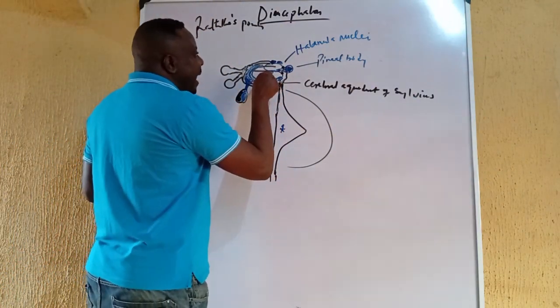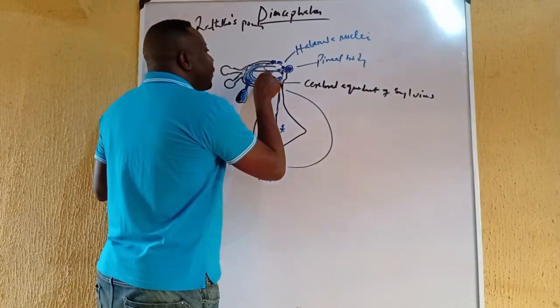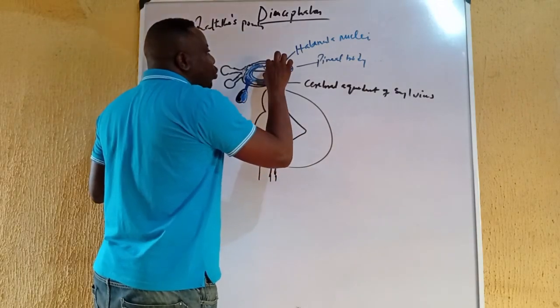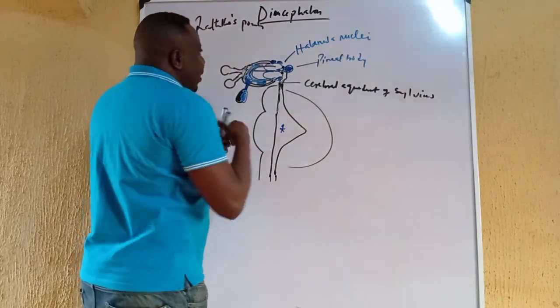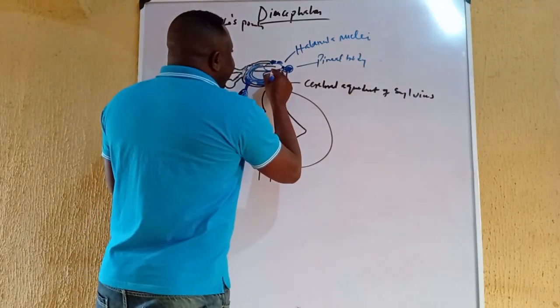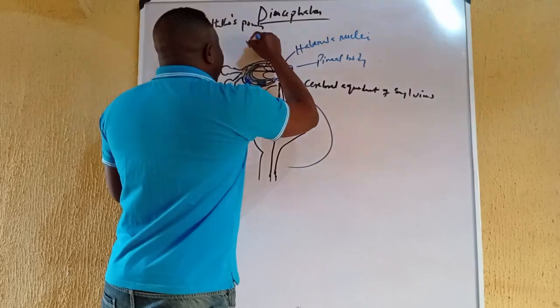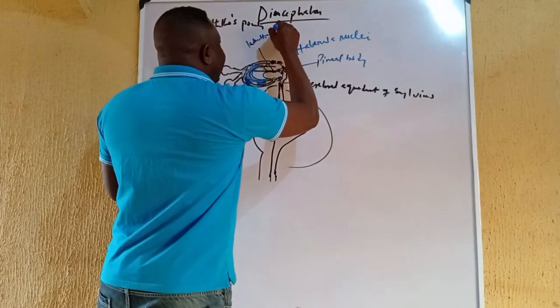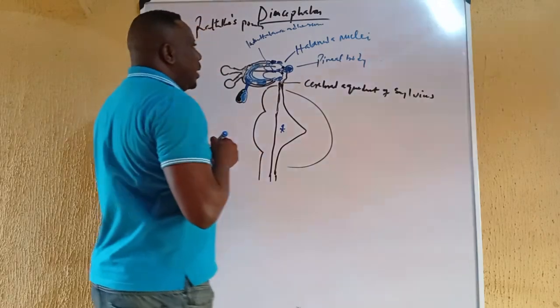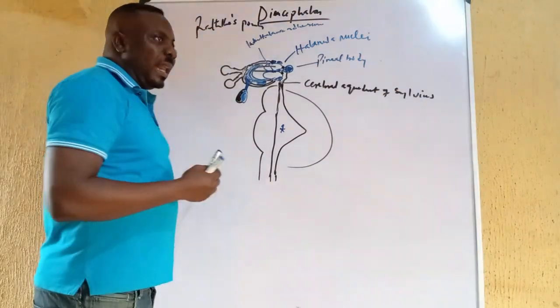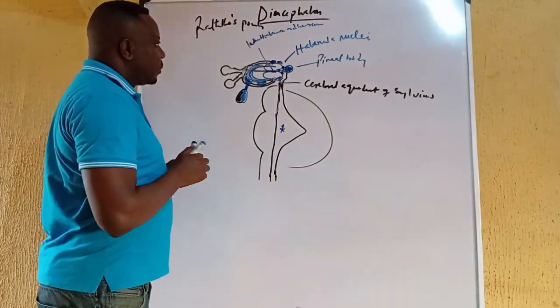There is a band of gray matter fiber that holds or connects the two thalami together. We call that band of fiber the interthalamic adhesion. If you don't call it the interthalamic adhesion, you call it the interthalamic connection.